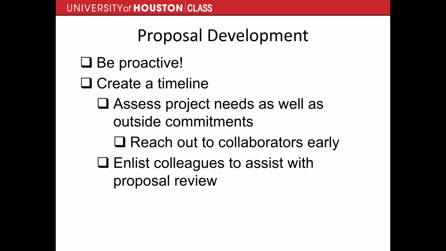And if you are trying to crunch something that should take maybe 6 months to a year to start, plan, and evaluate into a 3-month or 2-month time span, you might run into some problems. So always be proactive and start early.